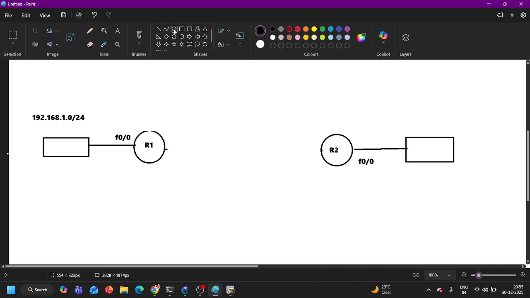I will connect like this. And if these two are at different sides, let's say one is in Mumbai, one is in India, both are connected through two service providers.